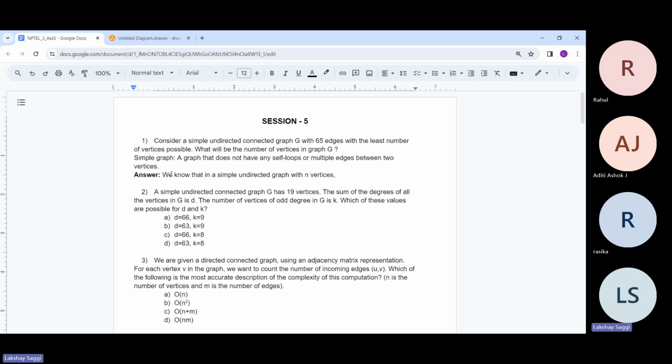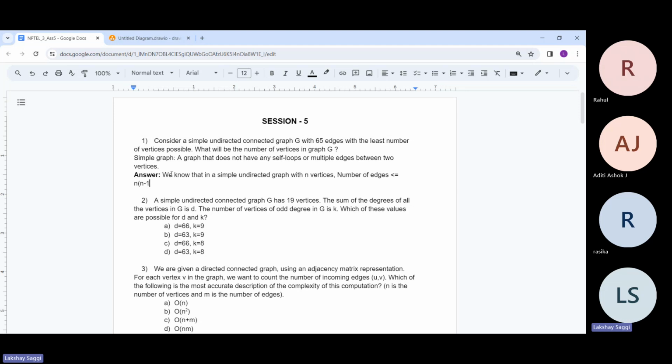So the maximum number of edges can only be equal to the number of pairs of vertices, right? And the number of pairs out of n vertices can be chosen in n choose two ways. So the number of edges in a simple undirected graph will be less than or equal to n times n minus 1 by 2.